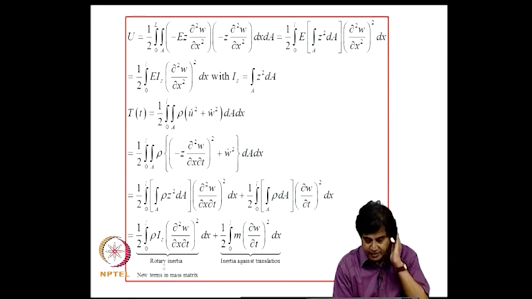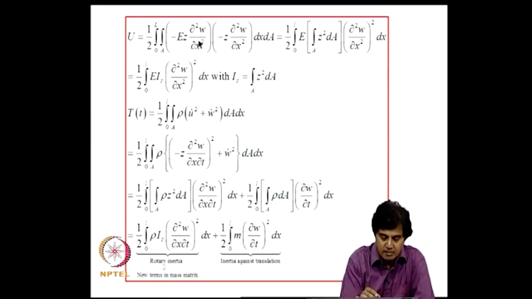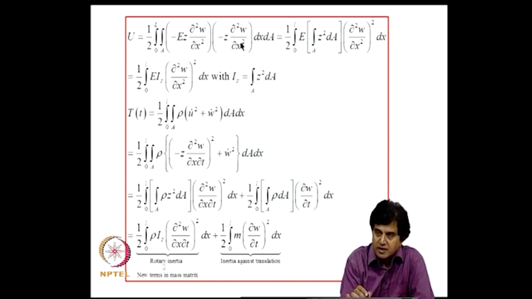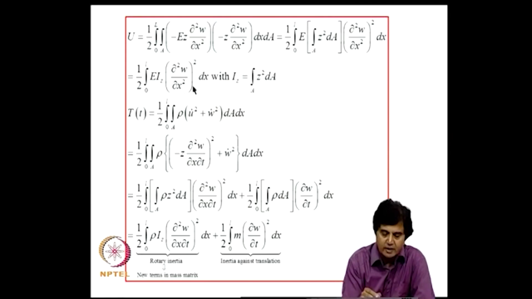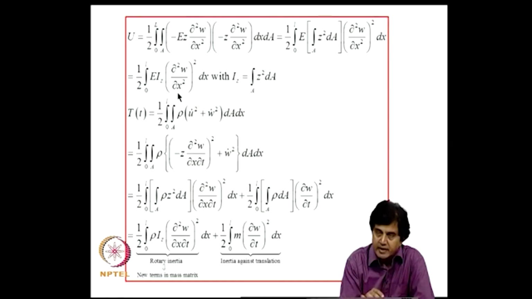Now, the strain energy in terms of sigma xx and epsilon xx is given by this, and if we rearrange the terms, I get integral over area z square dA into the other integral 0 to L E into dou square w by dou x square dx. So, this quantity inside the bracket is the area moment of inertia, which is Iz. So, we get the expression that we have been using all the while. Kinetic energy, this is where we have to pay attention now.